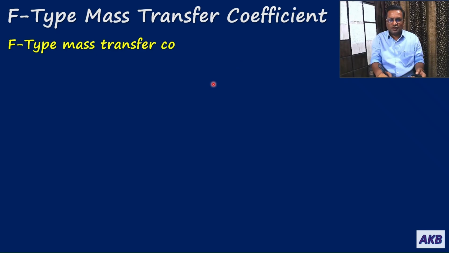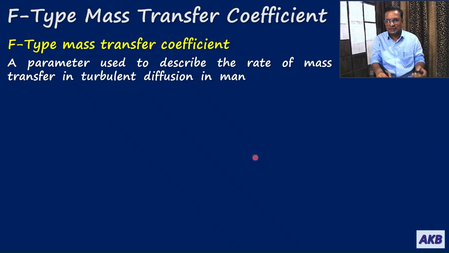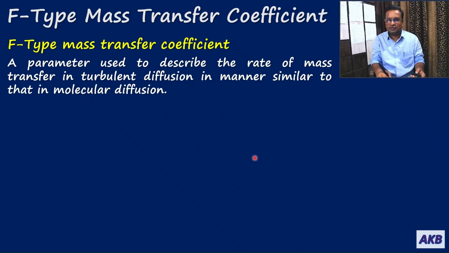So F-type mass transfer coefficient, it is a parameter that is used to describe the rate of mass transfer in turbulent diffusion in a manner similar to that in molecular diffusion. That is, we modify the equations for molecular diffusion by introducing a parameter.